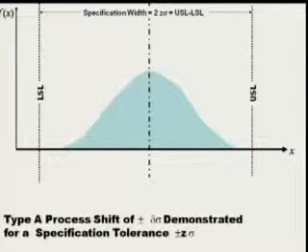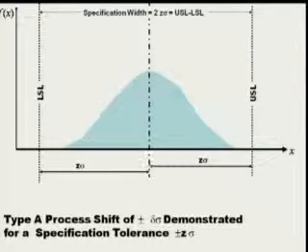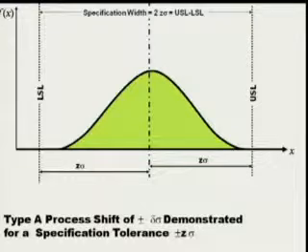Let us now move to the other type of shift, which is shift A, which is a common shift. In the short-term process, this is what happened. The process is within the spec limits. But long-term wise, and let's just say that this is Z sigma and this is Z sigma, this is like plus or minus 3 sigma or plus or minus 6 sigma, and we will use examples in a minute to illustrate that.